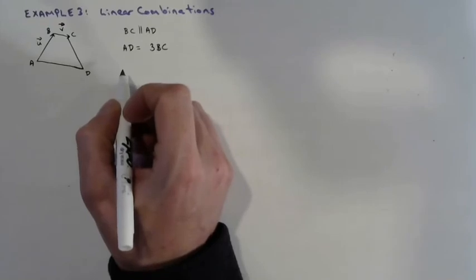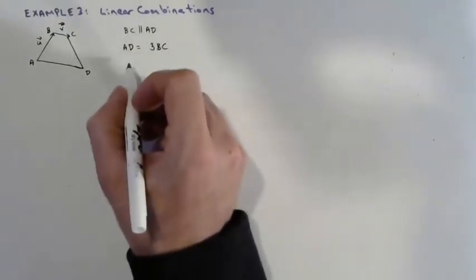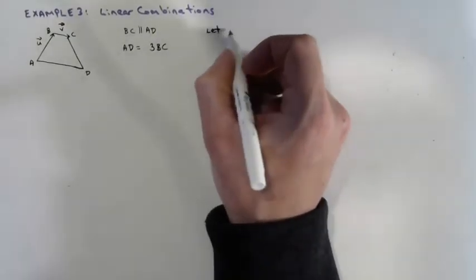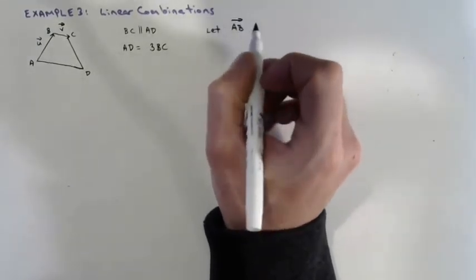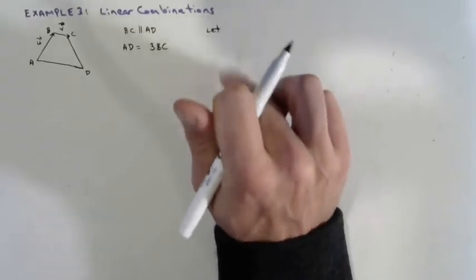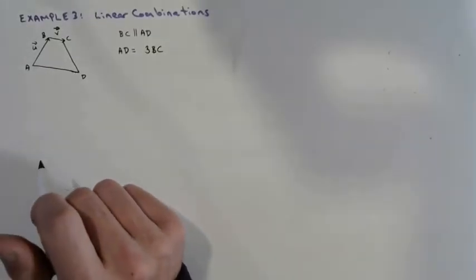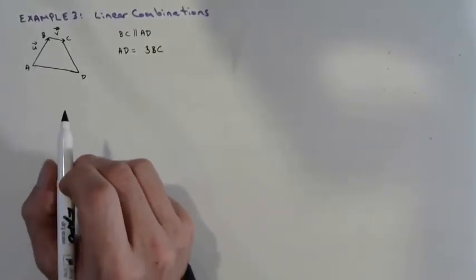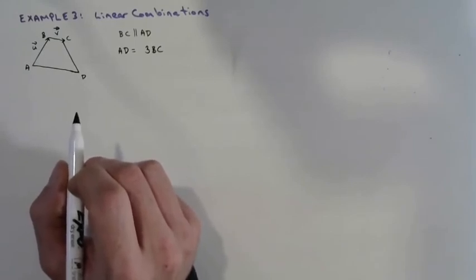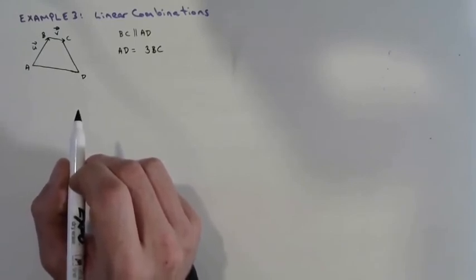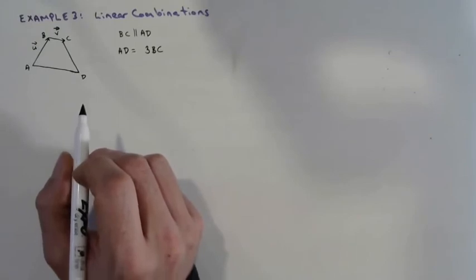What else do we know? We are going to let the vector AB be called U and the vector BC be called V. And we're going to express AD, BD, and CD as linear combinations of vector U and vector V.